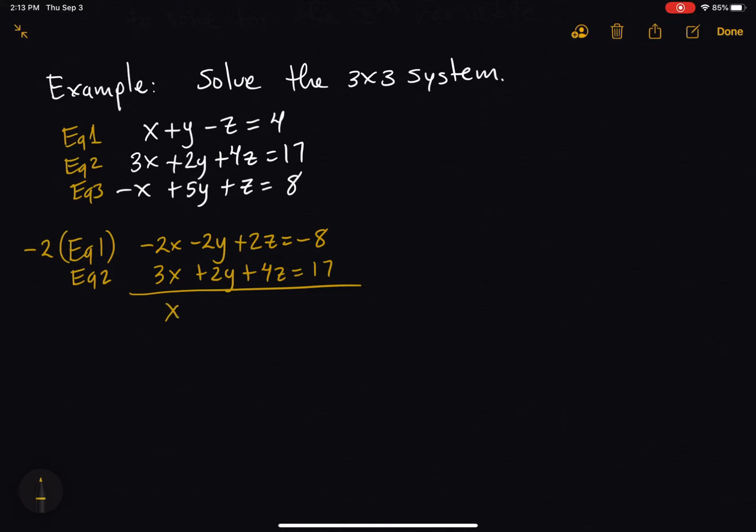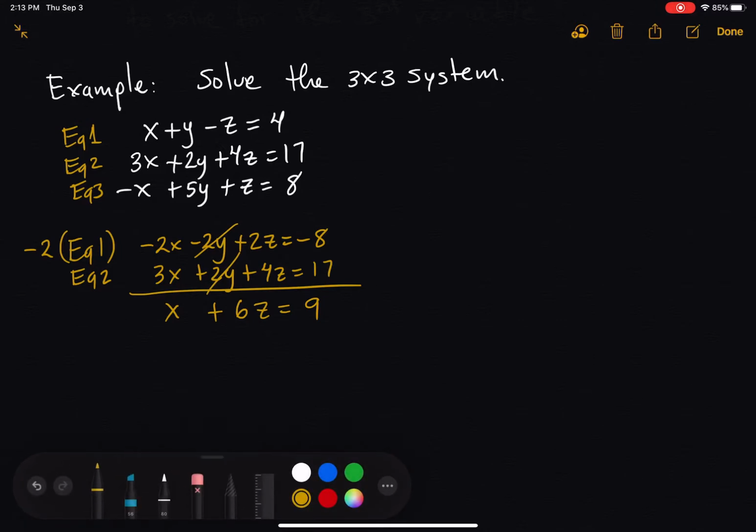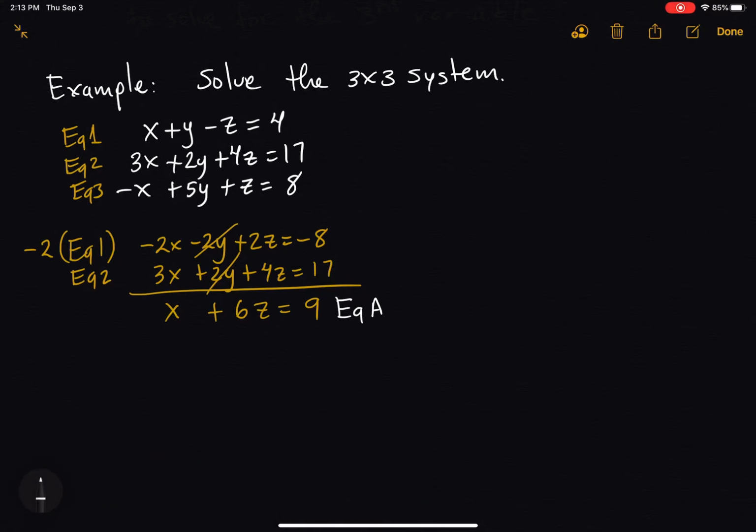The 2y and the negative 2y add up to 0, and we planned it that way, so I'm glad it worked. And 6z equals a total of 9 on that side. I'm going to go ahead and call this equation A. It's my result from step 1.